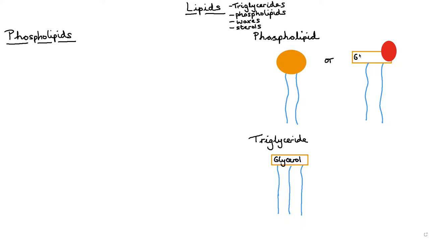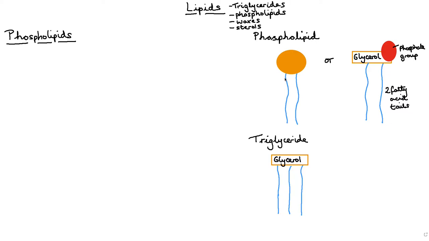So it shows that a phospholipid is made of a molecule of glycerol, and attached to that is a phosphate group. Attached onto those parts are two fatty acid tails.